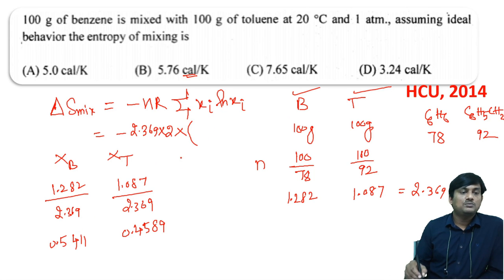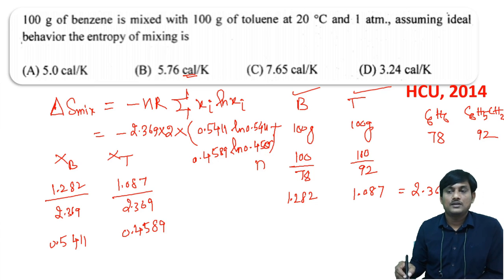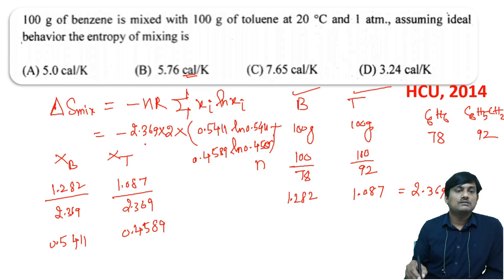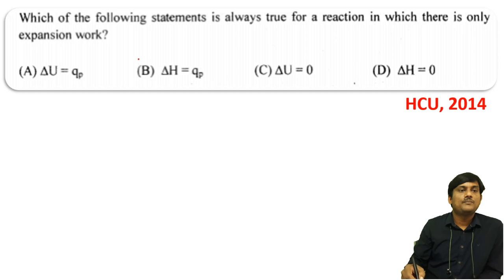What is the Xi value? 0.5411 ln 0.5411 plus, and the next one, 0.4589 ln 0.4589. So finally after calculation, it will be equal to around 3.24 calorie per Kelvin. This is the correct option.